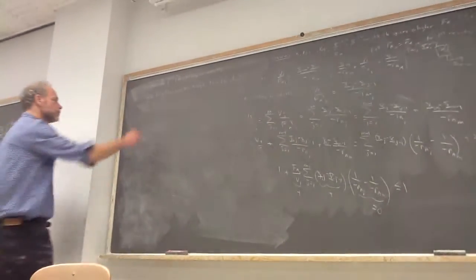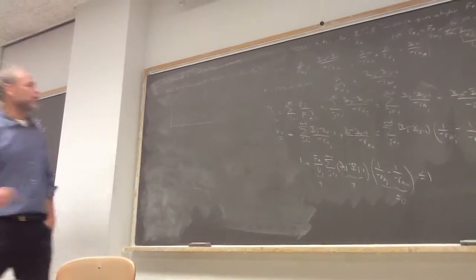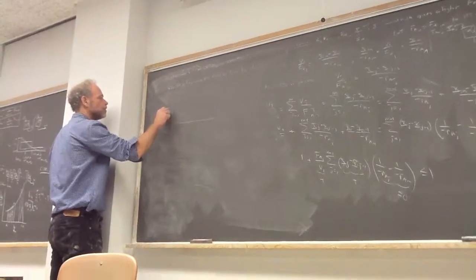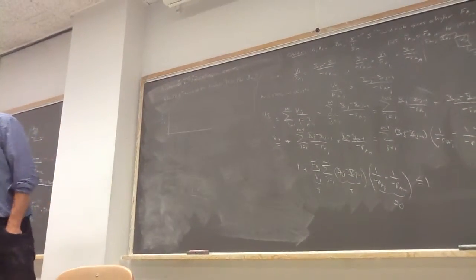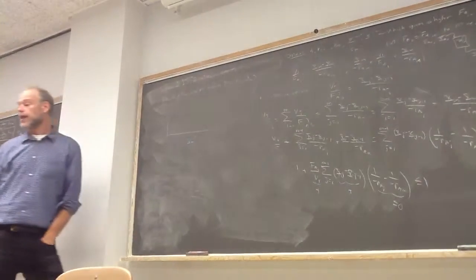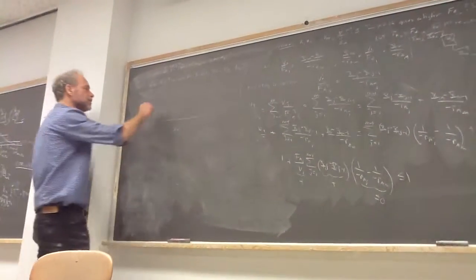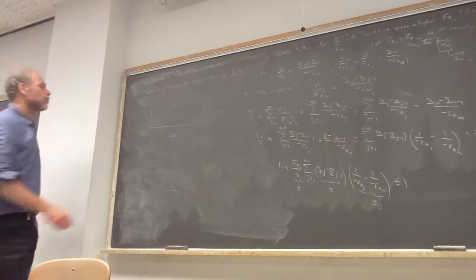So remember, if we go back to the curves we've been drawing until now, minus 1 over RA versus XA. And we said that these curves typically look something like that.